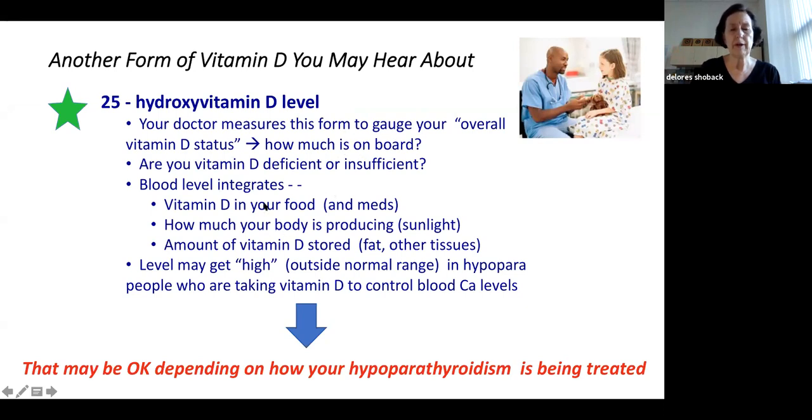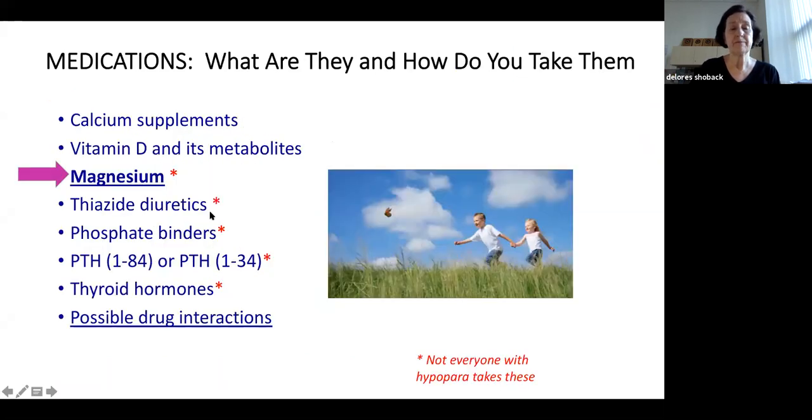And it's an integrator of what you take in, what your body makes, and how much is stored in the body, okay? And there are times when the levels can get high if you're taking vitamin D to control your calcium. If it's just vitamin D to keep the tank full, the levels should be within the normal range. So you have to talk to your doctor if you're using the high doses about what your level is.